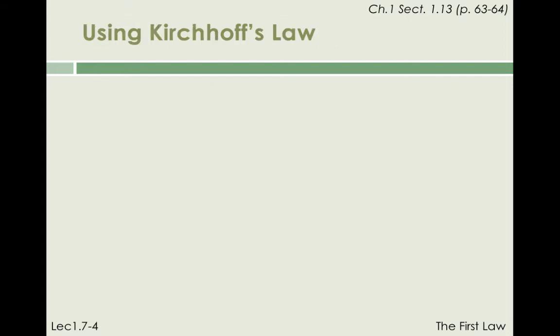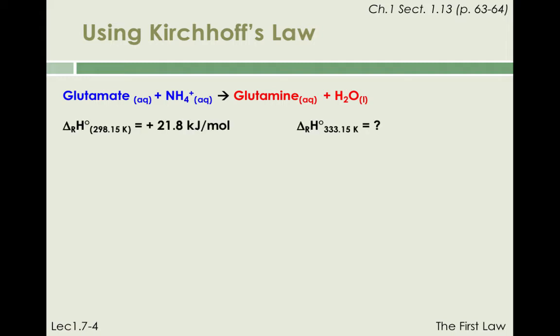Let us apply Kirchhoff's law to the reaction between aqueous glutamate and aqueous ammonium to form aqueous glutamine and water. We know from thermodynamic tables that the standard reaction enthalpy change for this reaction is equal to 21.8 kJ per mole at 298.15 Kelvin.